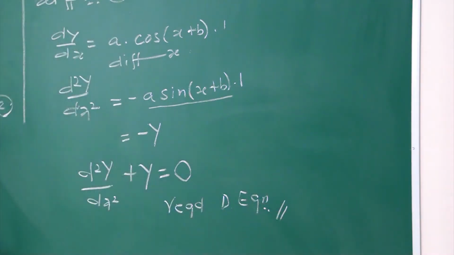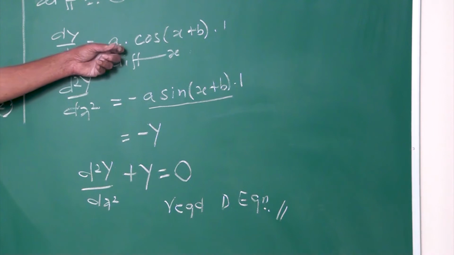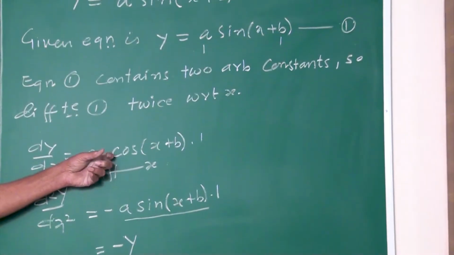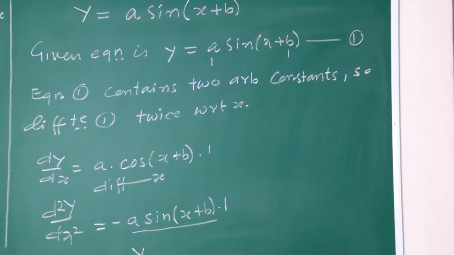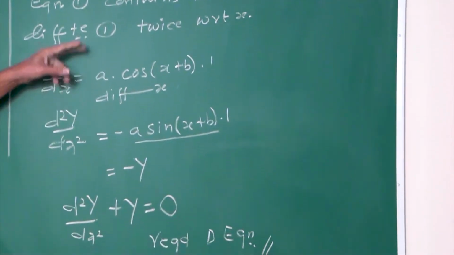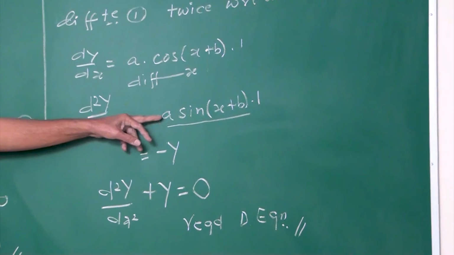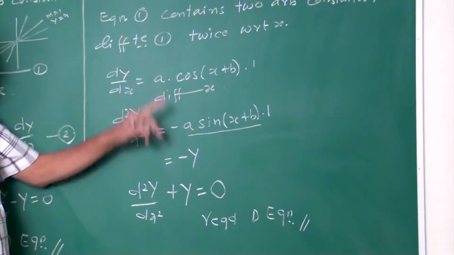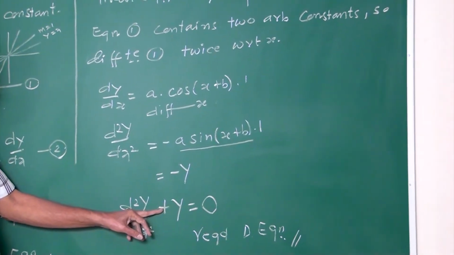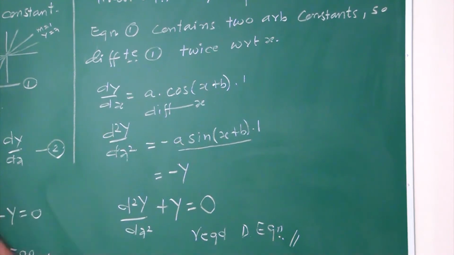Usually with exponential and trigonometric functions, y comes back by repetition. If you differentiate the same equation twice, you get minus sine, which is nothing but minus y. Taking this to the other side, plus y equal to 0. It is a differential equation.